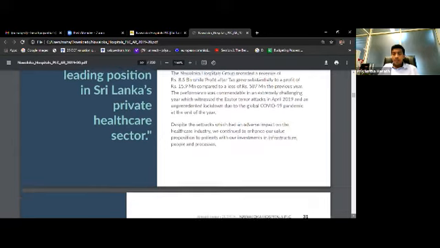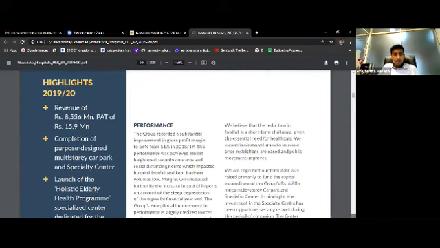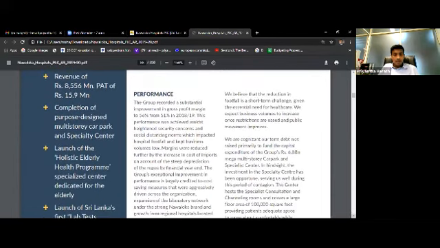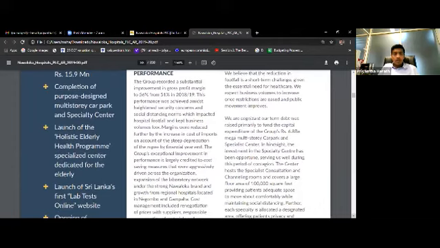So they say performance, right? And they say there's a substantial increase in GP, gross profit, from 46 to 51. This performance was achieved amidst heightened security concerns and social distancing norms, which impacted the hospital.